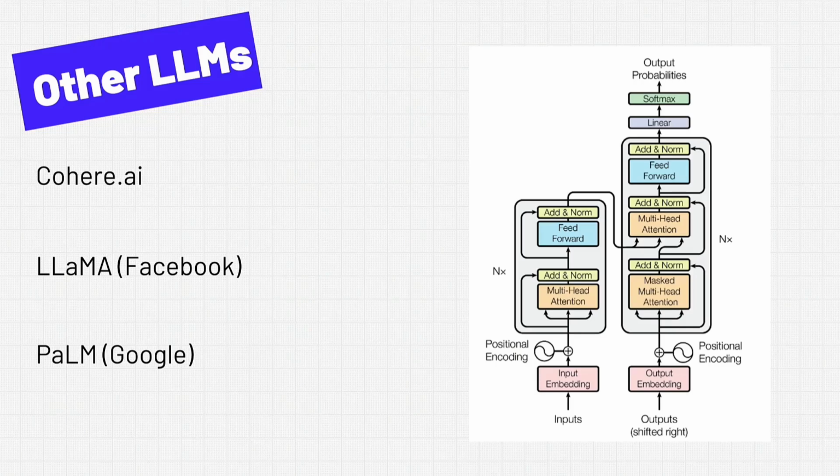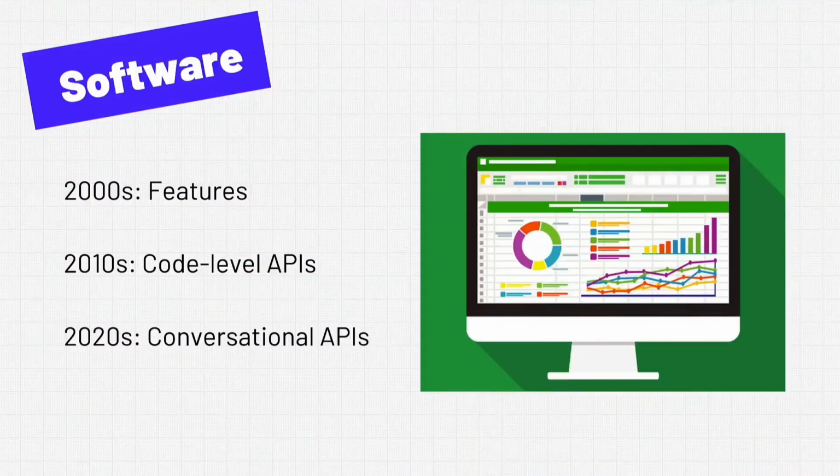This was created out of the Google Brain team, and Google has also released their own LLM now called PaLM. Facebook has done the same, open sourcing their large language model, LLaMA. So feel free to experiment with these other LLMs as they're all racing now to see who can produce the most useful tools.